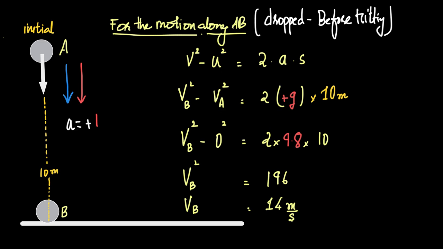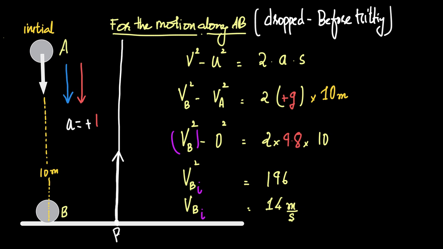The final velocity, which is velocity at B, just to make sure that we get the idea clear, we'll write as velocity at B before impact. Why? Because the ball is dropped from A, it comes like this, and then it traces its path back.